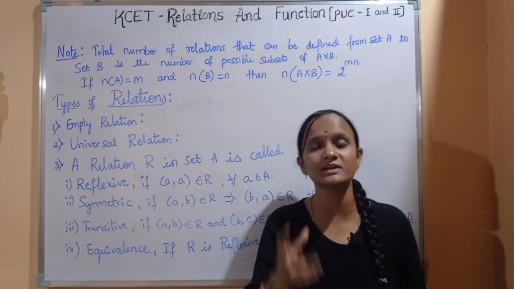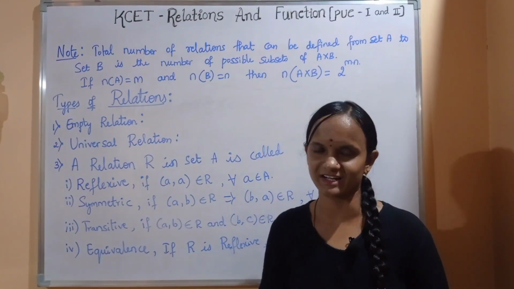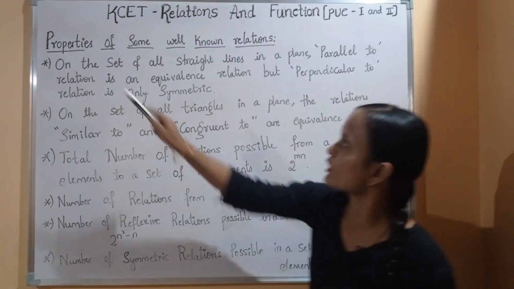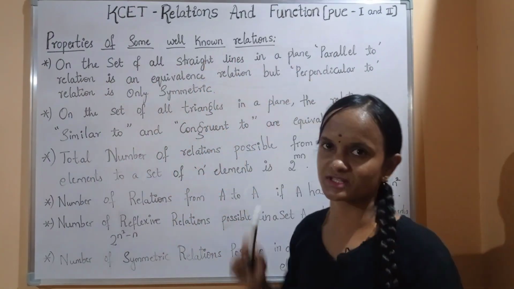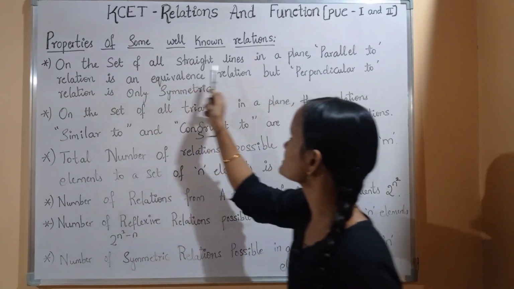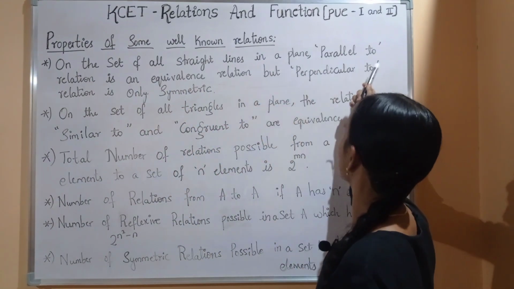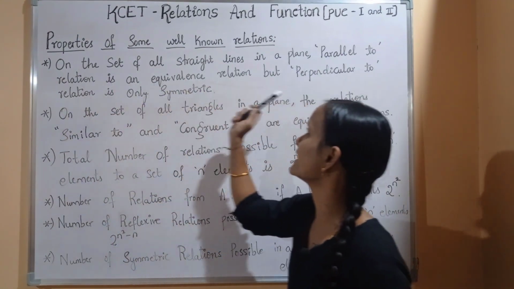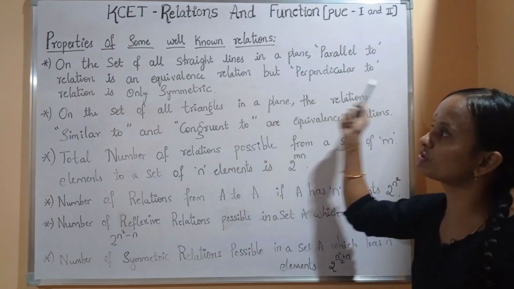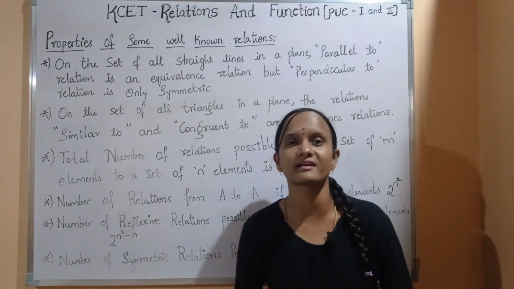Next, properties of some well-known relations. On the set of all straight lines in a plane, the parallel to relation is an equivalence relation, but the perpendicular to relation is only a symmetric relation.